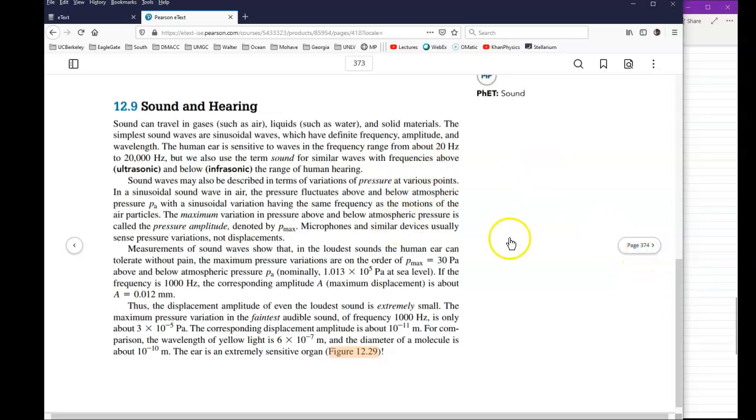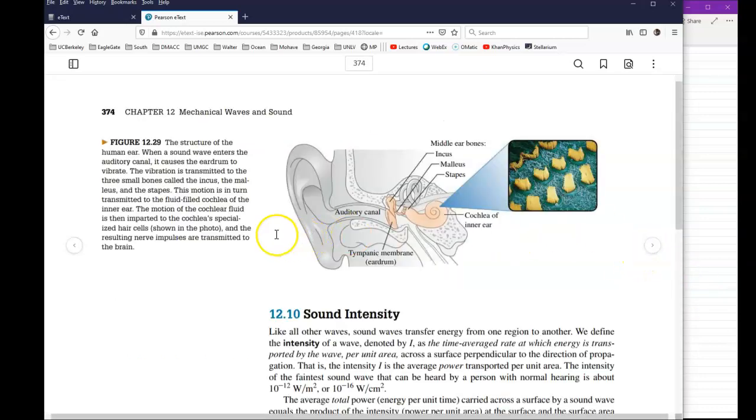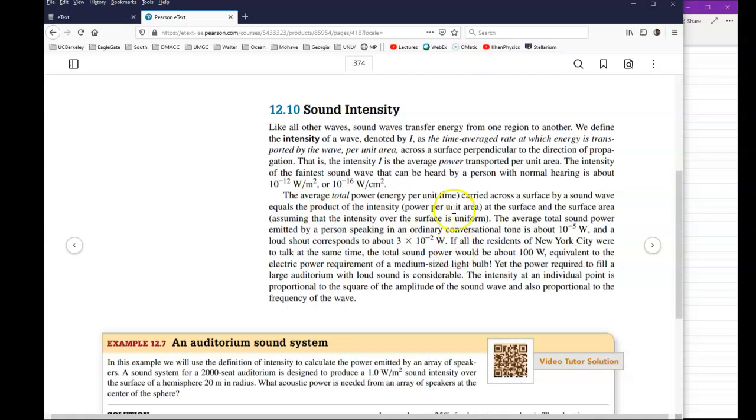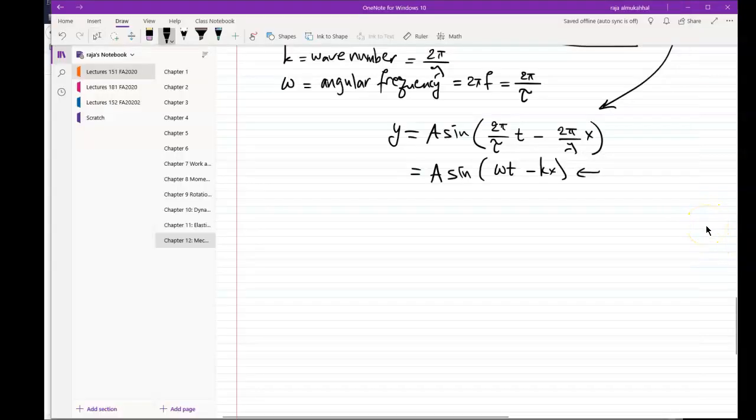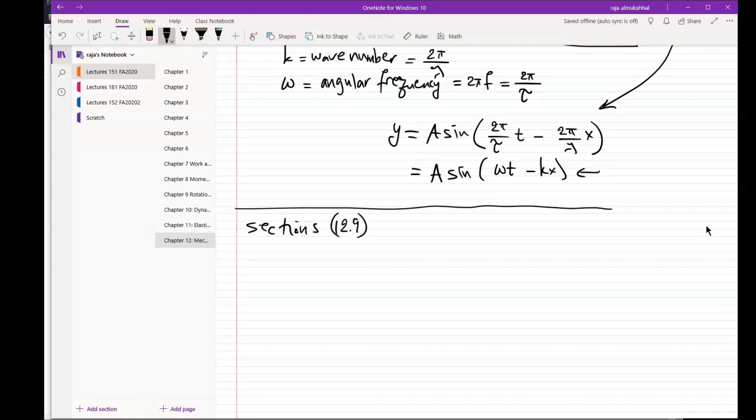I'm a little bit ahead of myself. Right here, sound intensity. So that's sections 12.9 and 12.10.